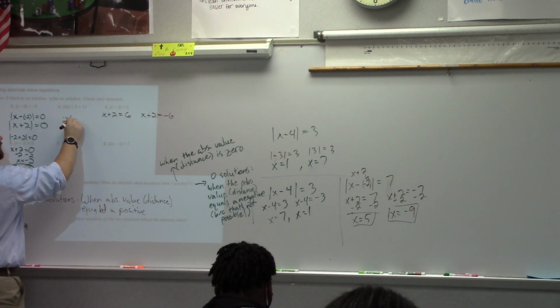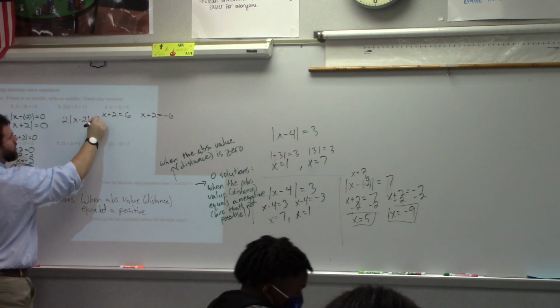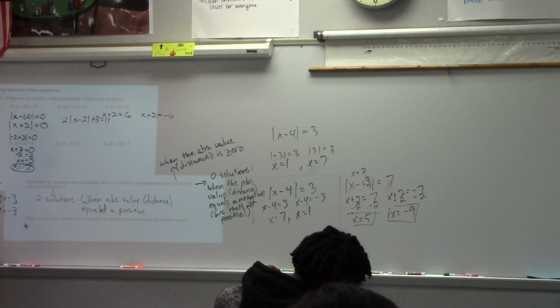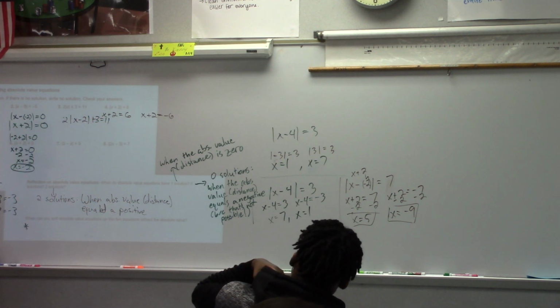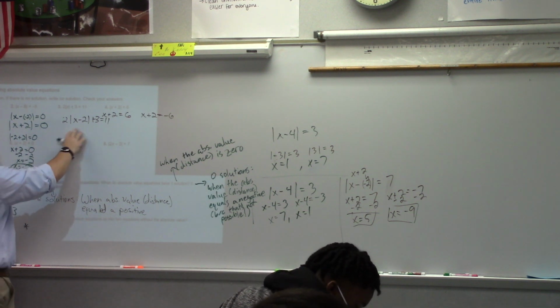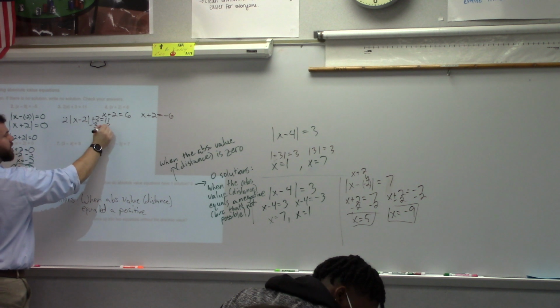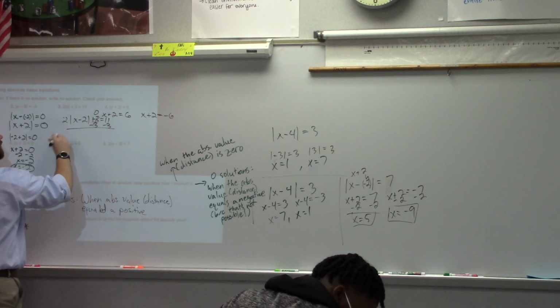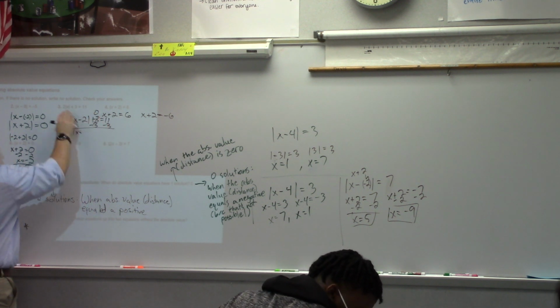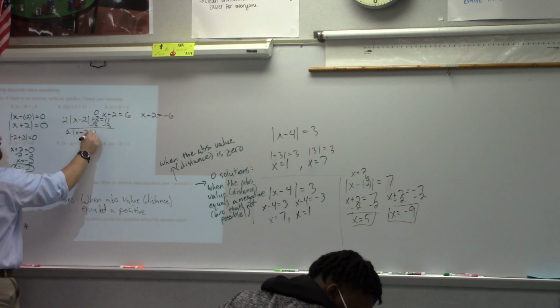Let's look at this. I can hear someone saying something. Hold on one second. Who was saying what? Okay, for this one, I have 2 inside the absolute value, right? First thing I'm going to do is subtract 3. Notice that's a modified number 3.